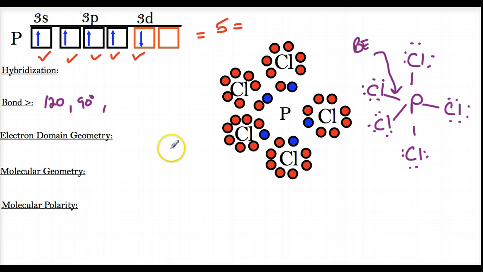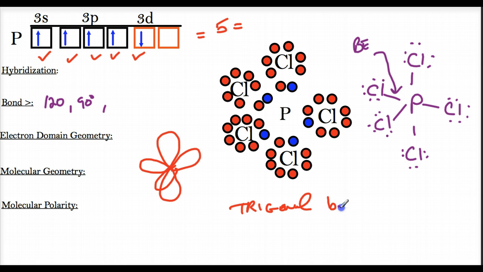In this shape, where you have orbitals up and down, these are the axial orbitals, and then you have that trigonal planar in the middle, tough to draw, is something called trigonal bipyramidal.